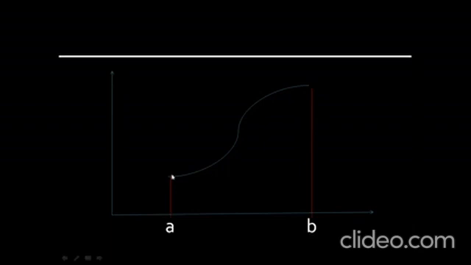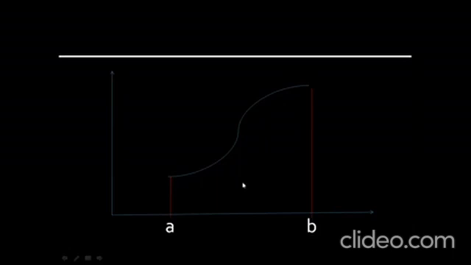Now if you look at the first point, it is given that the function should be continuous in the open interval (a, b). In between a and b, you can easily see this whole graph is made without lifting the pen. So the function is continuous on the open interval (a, b).